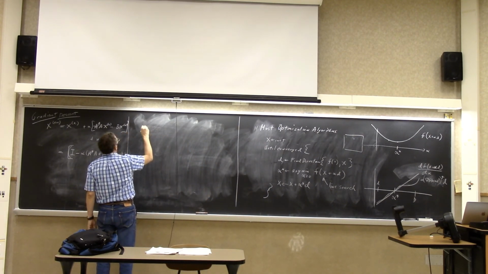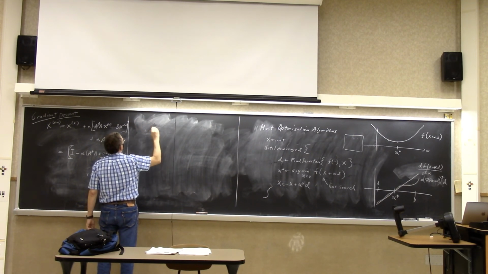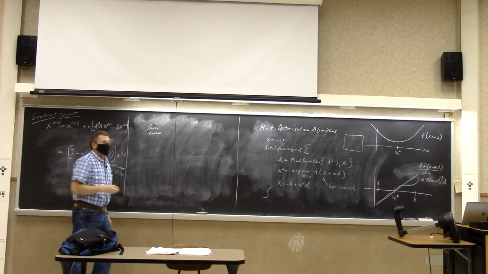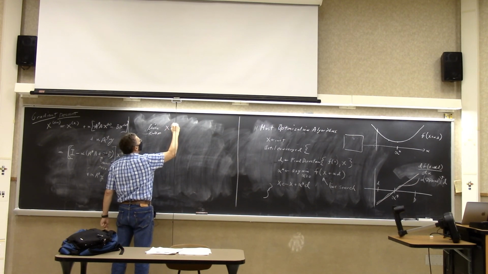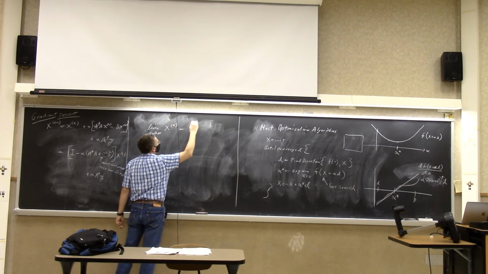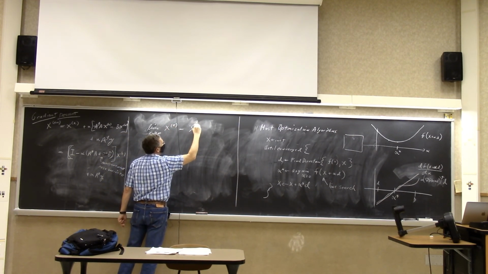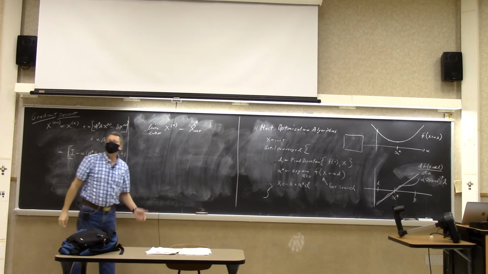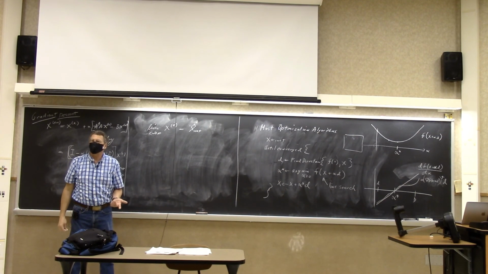So if I take the limit as k goes to infinity, and I'm going to be optimistic here, then x_k will converge to x hat MAP. We're hoping gradient descent converges.